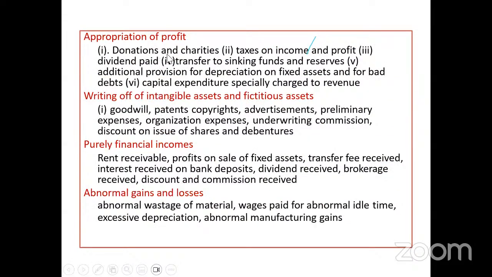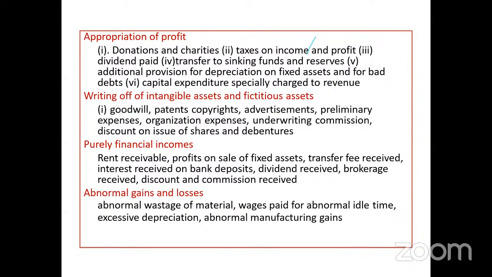Again, appropriation of profit. Appropriation of profit is otherwise known as the segregation of profit. After earning a certain amount of profit, the business organization decides how to utilize this profit. That means it can donate, or use it for some charity purpose, taxes on income and profit.